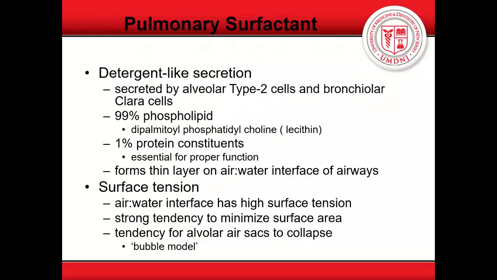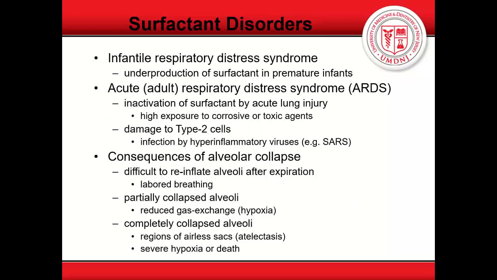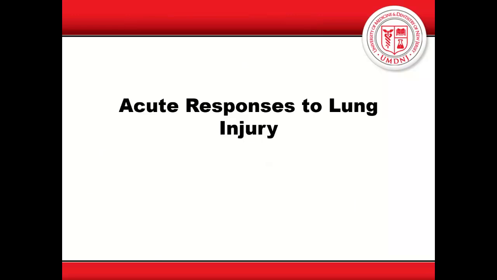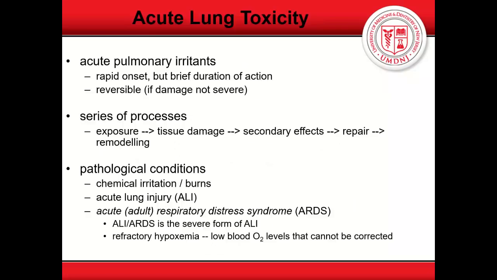Know the function of the surfactant and why you need to have the pulmonary surfactant, and what happens when you dilute that surfactant, where it results in lung collapse, and the conditions that could result in that.